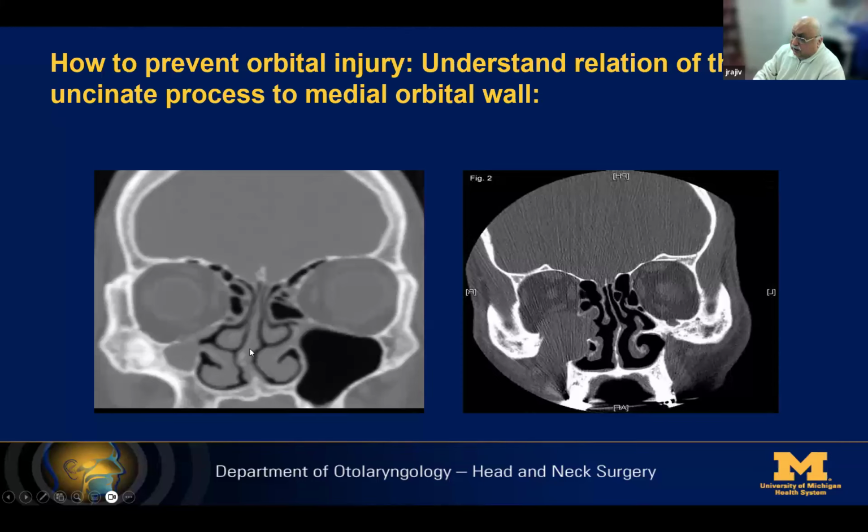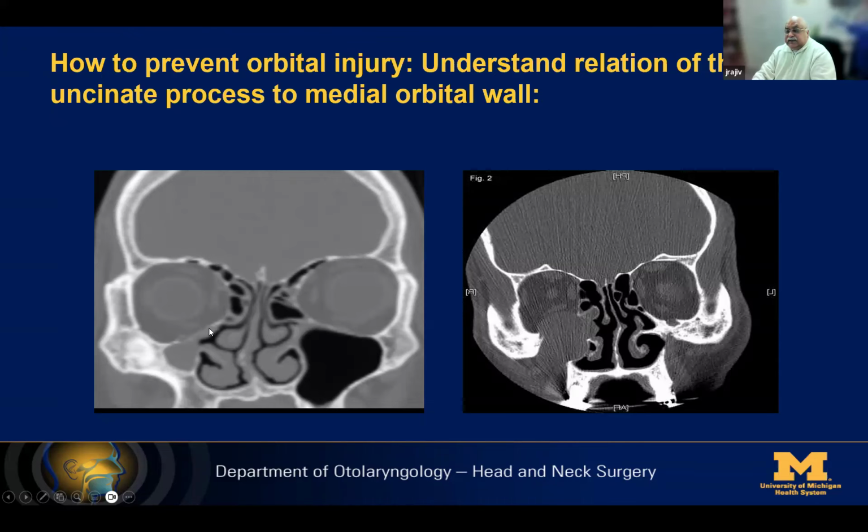This has resulted in encroachment of the orbit as well. So this is a very dangerous situation, because once you go back and try to break this pneumatized portion of the uncinate process, you're going to damage the medial wall of the orbit and create a hematoma at that level.